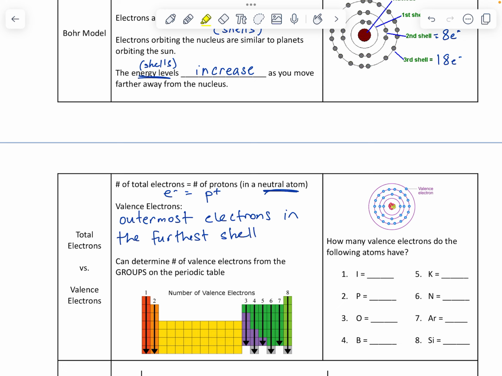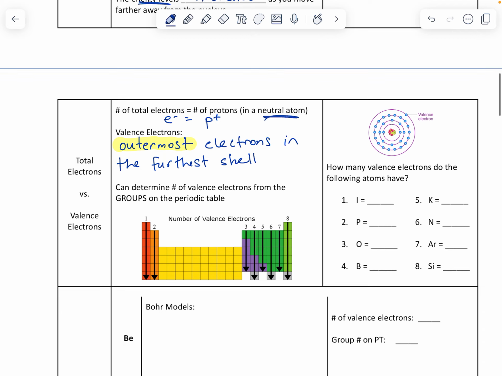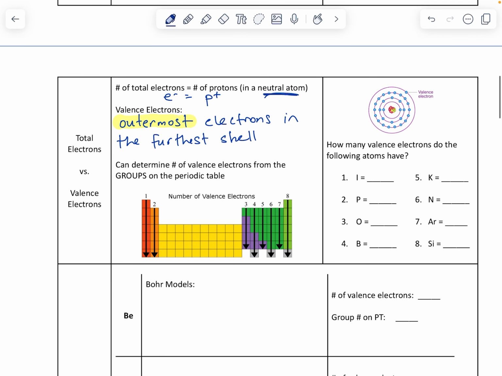Right, so outermost, and why these are so important is that those are the ones that are going to eventually either increase in number or actually decrease in number based on what our atoms innately want to do. And that's going to get into a little bit later on this unit, what we're going to talk about in terms of ions as well.